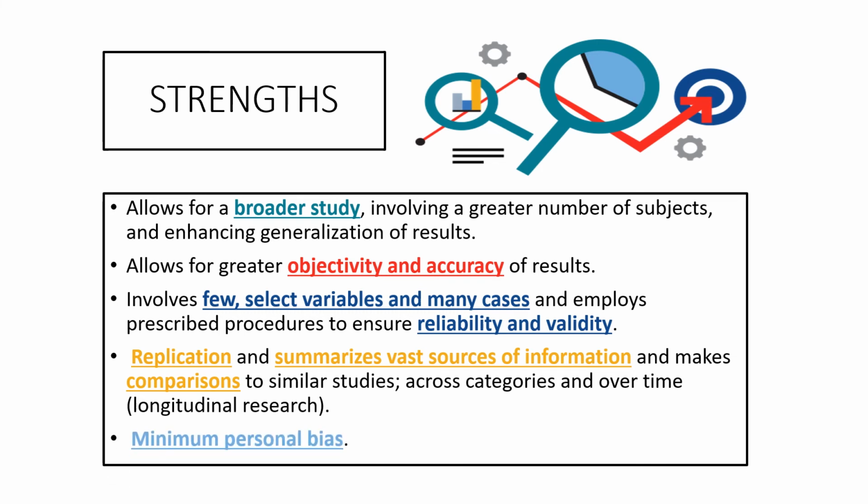Because of this replication, because of objectivity and accuracy, there is minimum personal bias as the research data is objective as it is measured in numbers rather than understood through narratives.